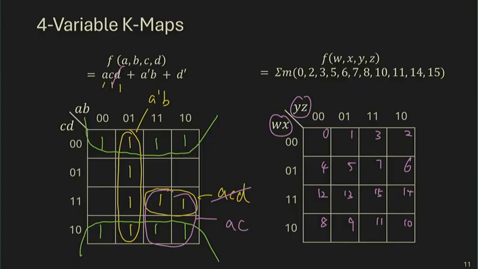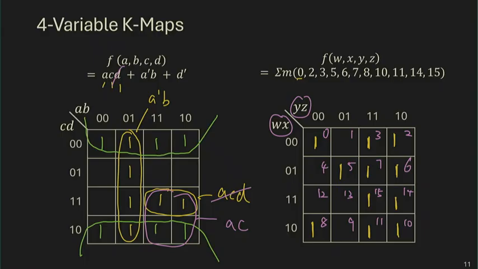Now it's only a matter of mapping those indices to 1, because I give you a minterm expansion, a summation of lowercase m. So I put down a 1 at position 0, position 2, 3, 5, 6, 7, 8, 10, 11, 14, 15. A lot of ones.